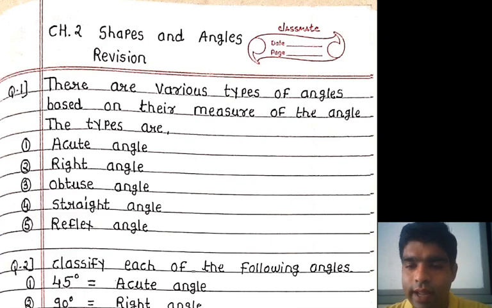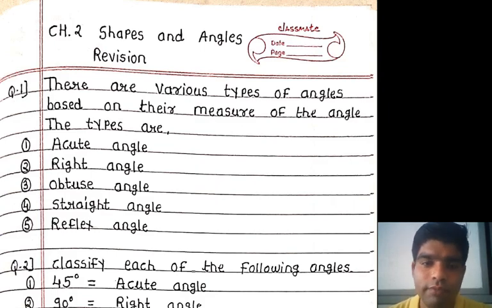This is a straight angle, measuring exactly 180 degrees. And the last one is a reflex angle, which measures between 180 degrees to 360 degrees.